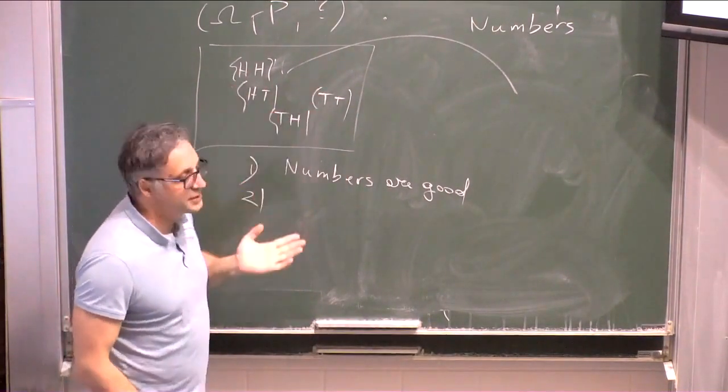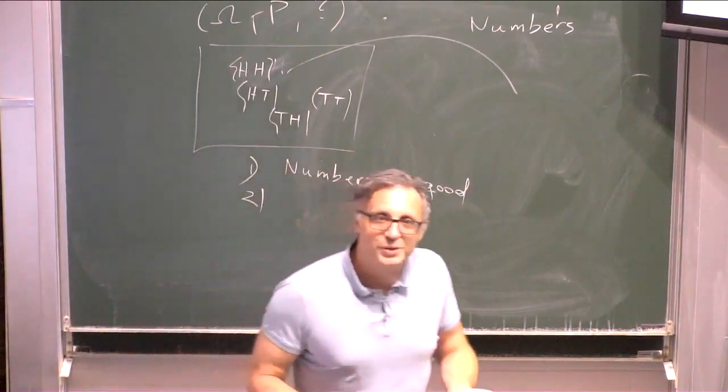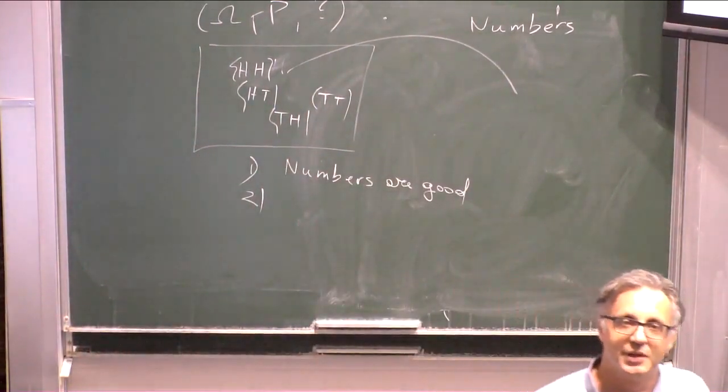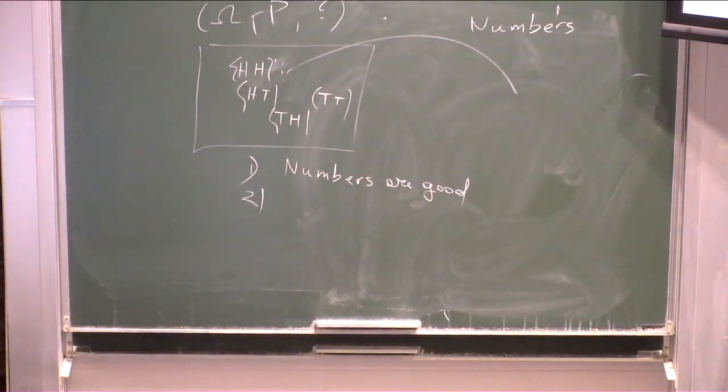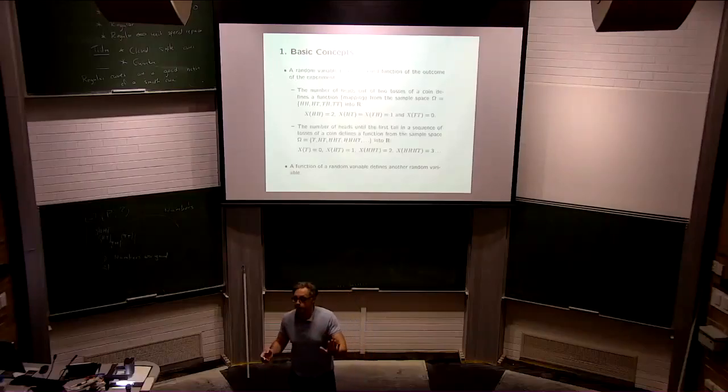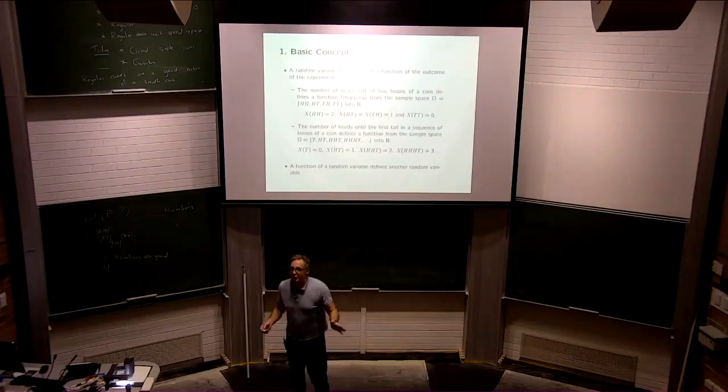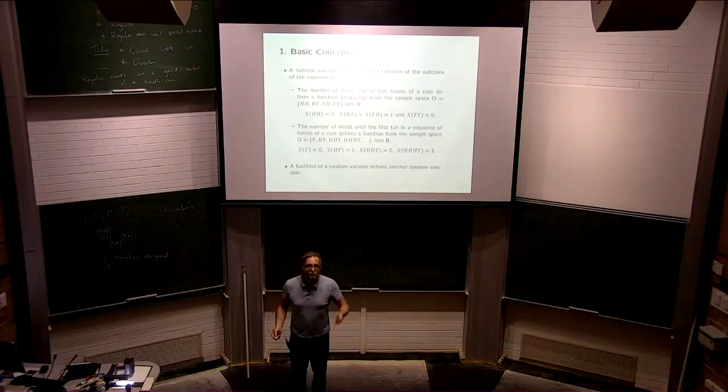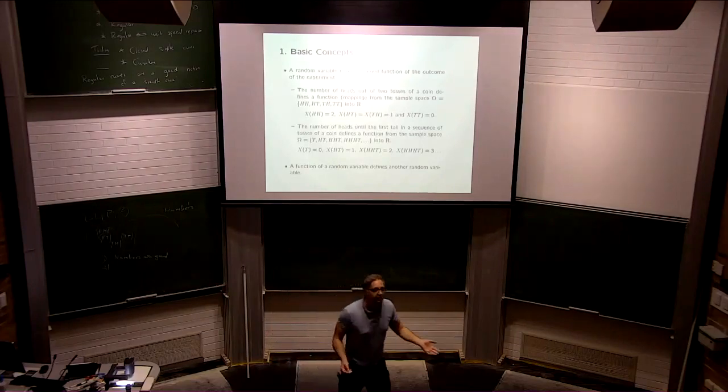These could be nice, but maybe there is too much information. I don't need all that. It's good to be economic in terms of information, efficient, if you want. So I drop what I don't care about. I'm just there to count the number of tails, or the number of heads.